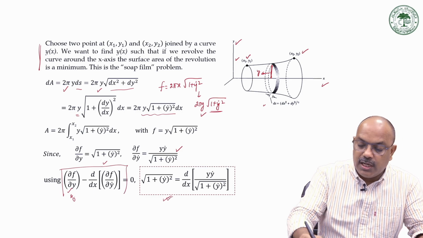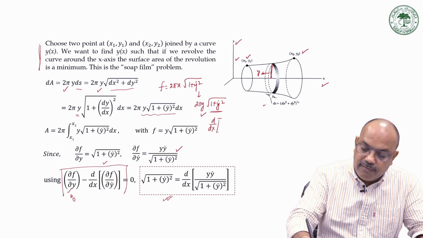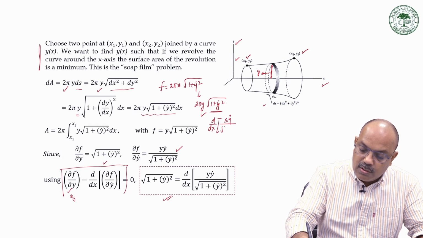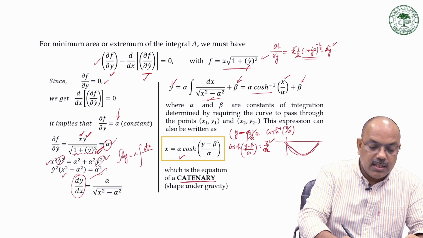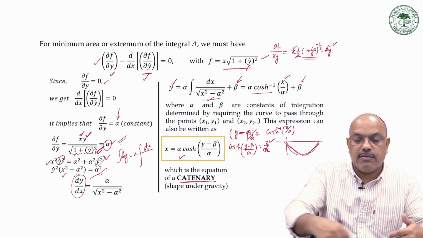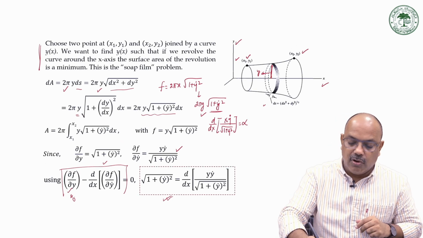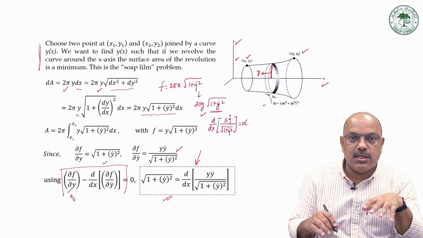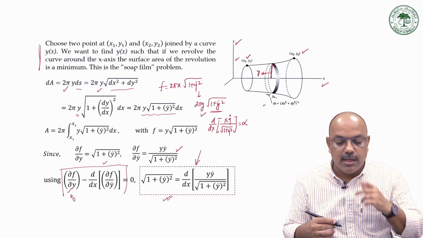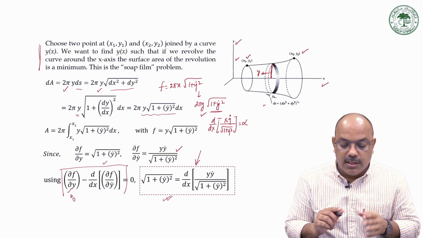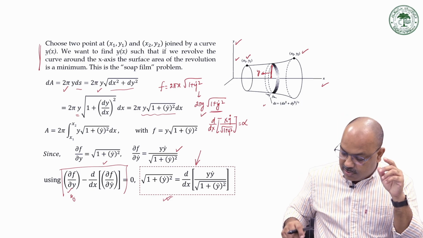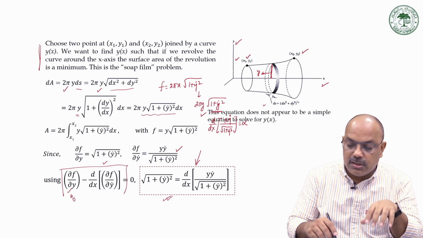Earlier, what you were getting was that d/dx of x y dot over the square root of 1 plus y dot square was a constant, and that was very easy to solve. That was straightforward, the catenary problem. Here also, if you solve this equation, it is going to give you the same result, but you see that this is going to be very complicated. What I am trying to say is that this equation does not appear to be simple.